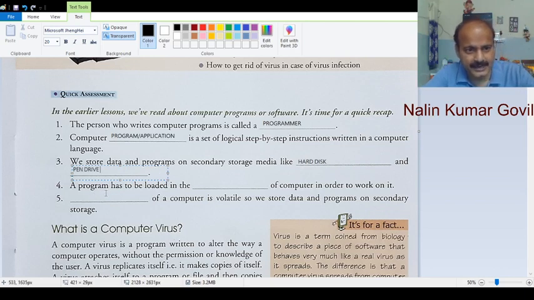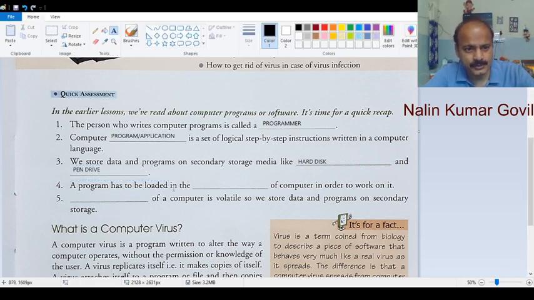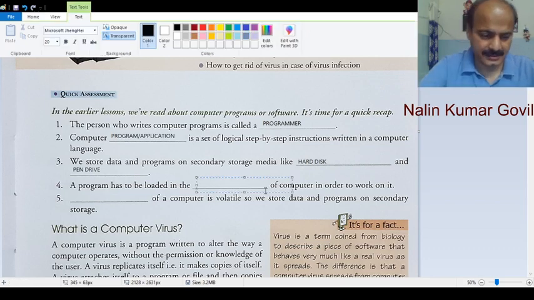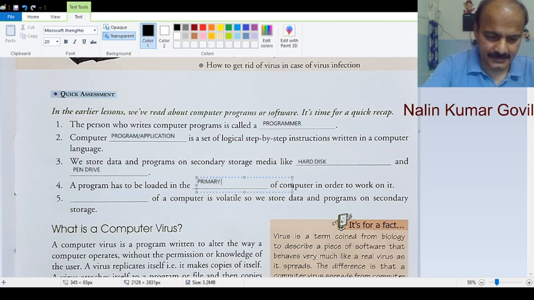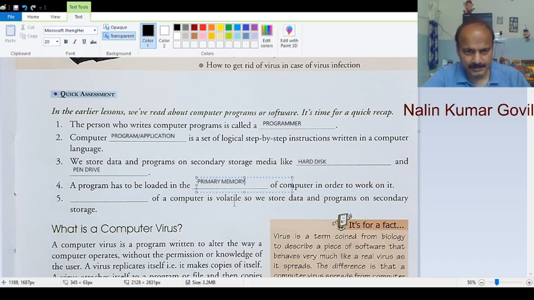After that, a program has to be loaded in the blank space of the computer in order to work on it. So the answer is the primary memory.